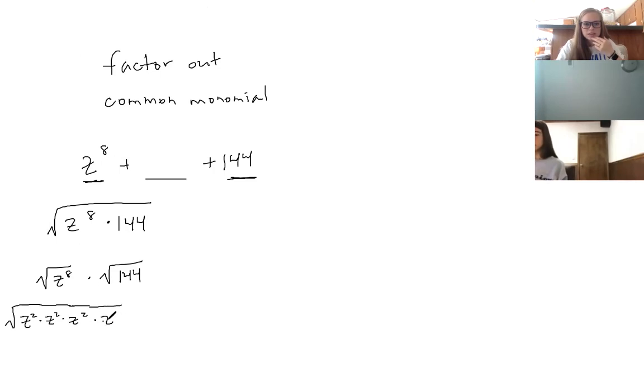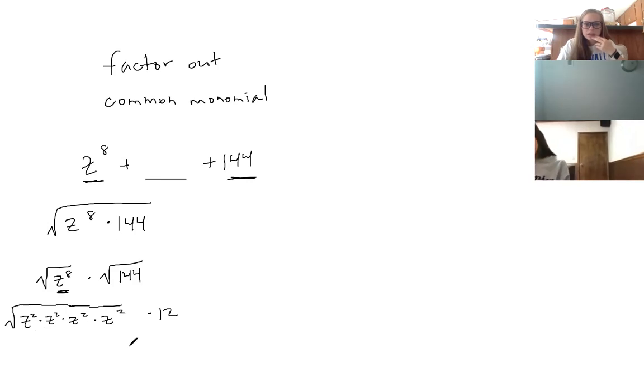Is that the same as z to the 8th? I've tried to break up z to the 8th into z squared, z squared, z squared, and z squared. Is that the same? What do you think? Is this the same as z to the 8th?